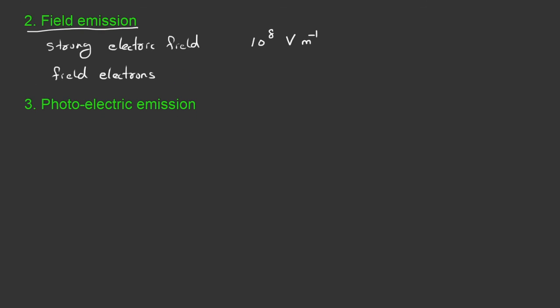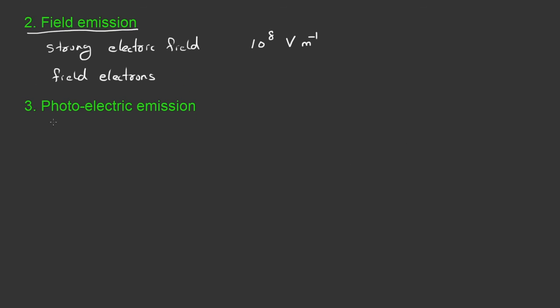Now we are going to see the third type. It is photoelectric emission. Photo means light. We know light has energy. So in this case, energy is given in the form of light.